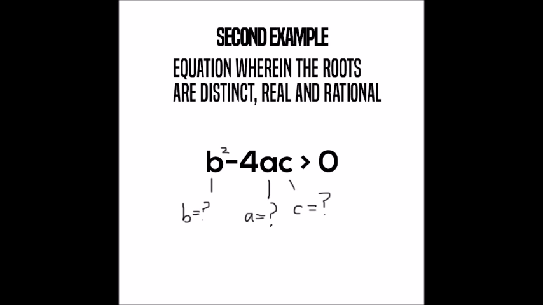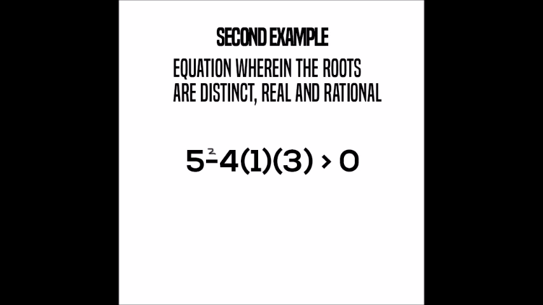Try to pause from here and solve it on your own. By then, you probably know how to solve it already. As long as you came up with something that's more than 0 and is a perfect square, then that answer is correct.